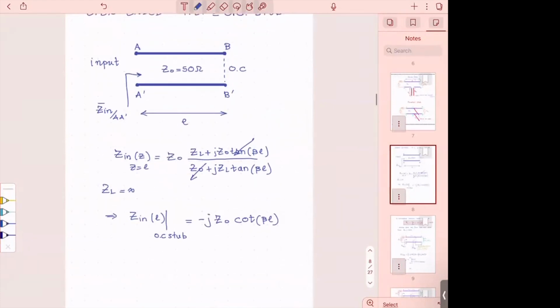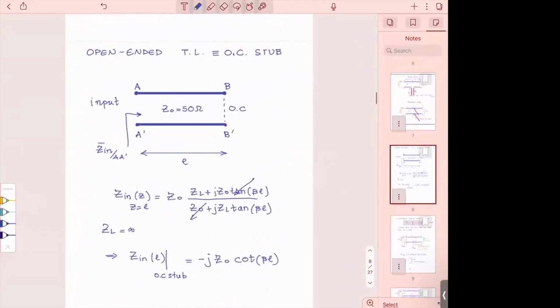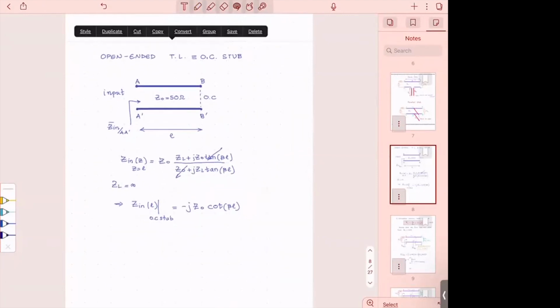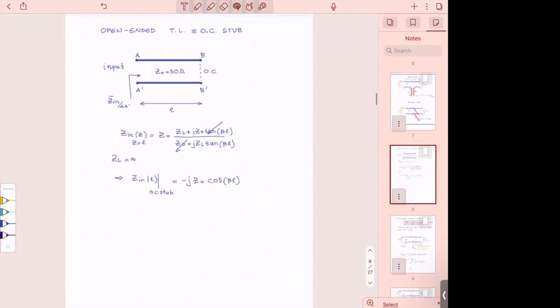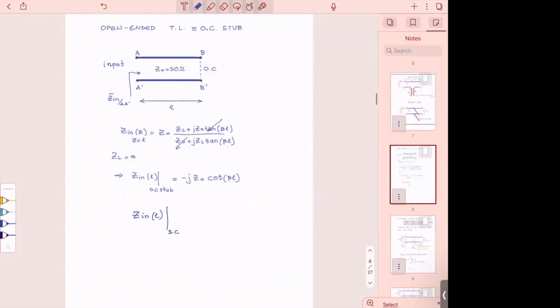Now, if the stub is short circuited, you can do the same thing. For the Z input, I'm not gonna rederive it. You can follow the same thing, the Z input at L of a short-circuited stub is equal to J Z naught tangent of beta L.